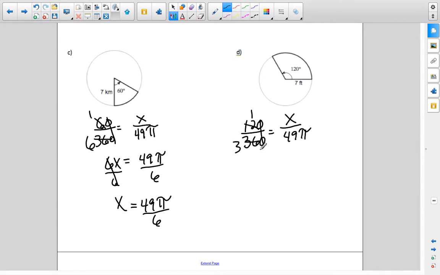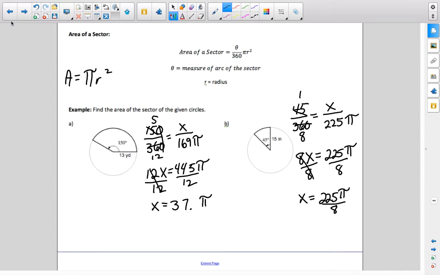So we cross multiply and get 3x equals 49 pi. Dividing by 3, x equals 49 pi over 3. And again, you can divide it if you want, 49 divided by 3, because it doesn't go in there evenly.